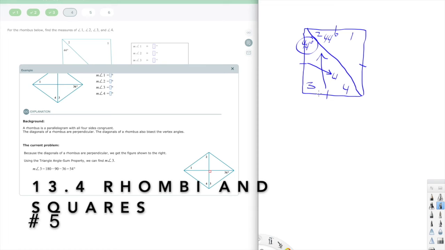There's a couple very similar ideas we're using here over and over again. So because this angle is 44, so is this angle. So I've already filled in these two. I could have also used alternate exterior or interior angles here because I have parallel lines cut by a transversal. So I know that they're both 44.